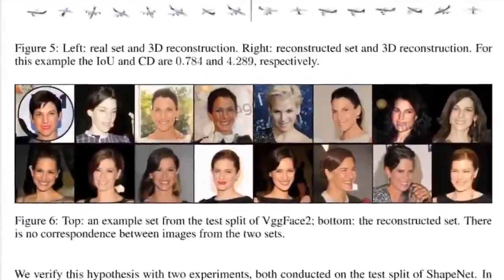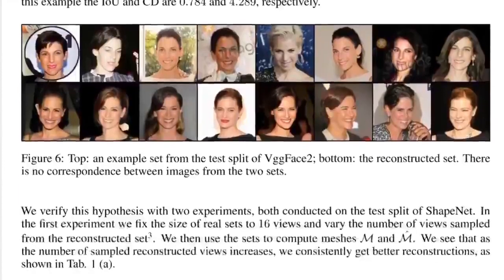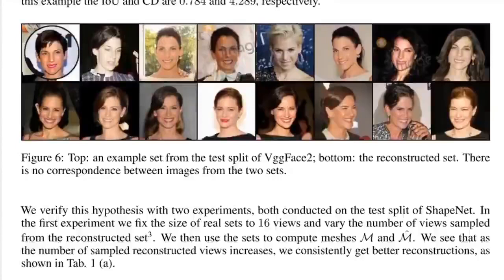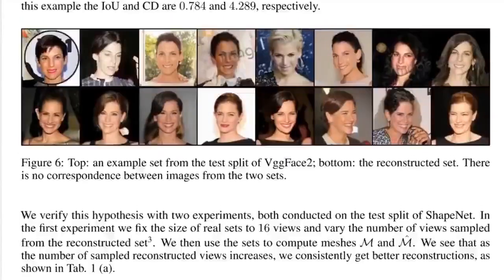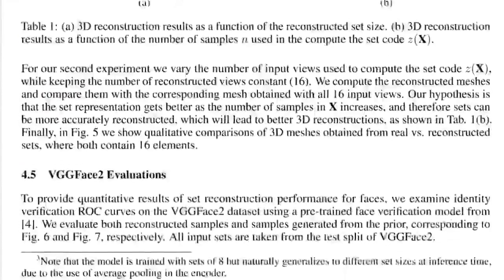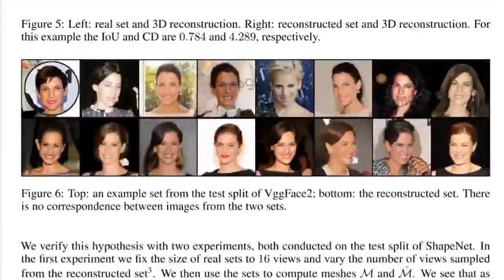In the faces, the same thing. You input the top row into the encoder and you get back the bottom row. We've already looked at that, but again, to evaluate this, you actually have to use some sort of face detector to recognize, is that the same person always? So you can evaluate two things.